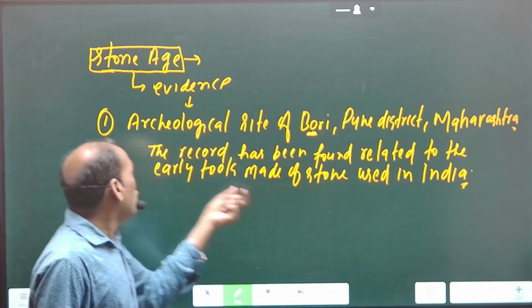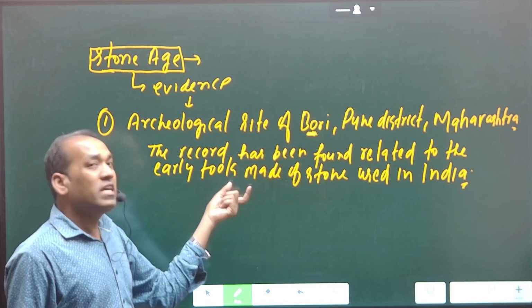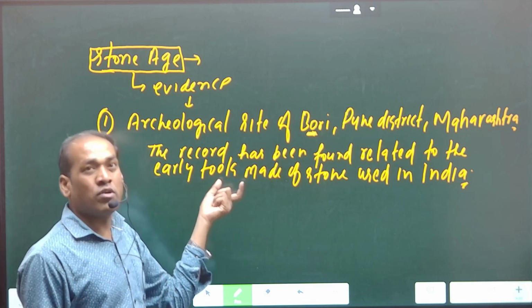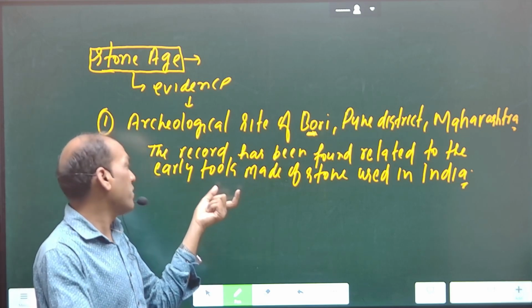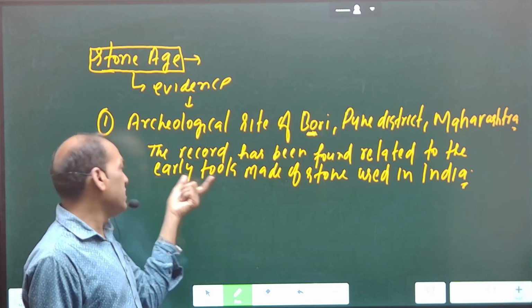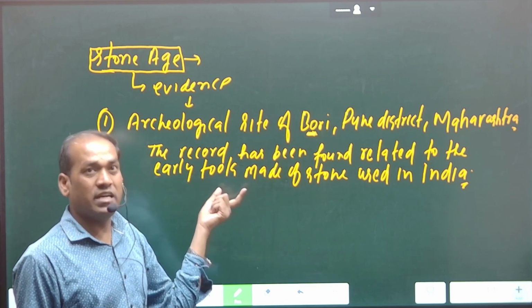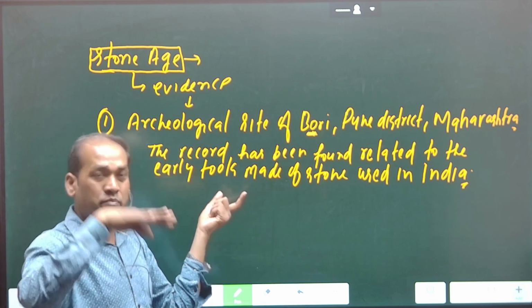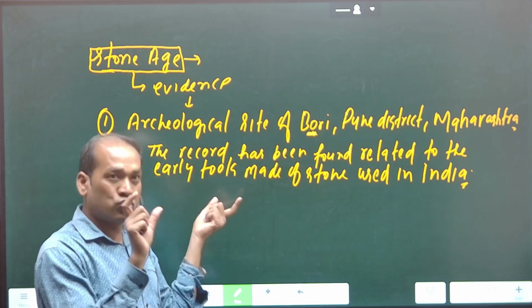From the site of Bori, we have found heaps of tools of stone. These tools were used by primitive man in India. So in India, the species of human being came and they started making stone tools.